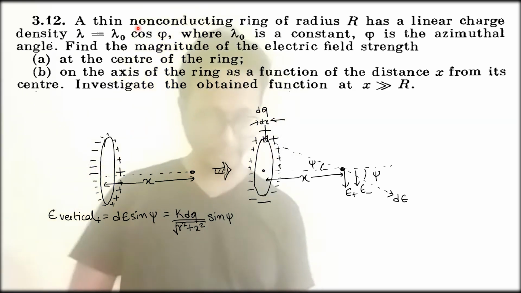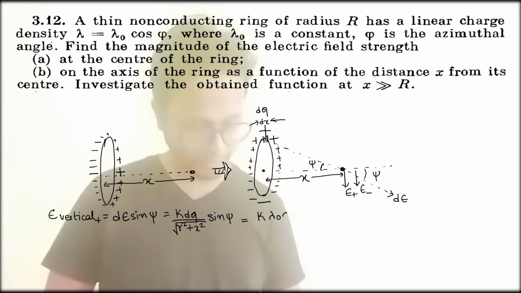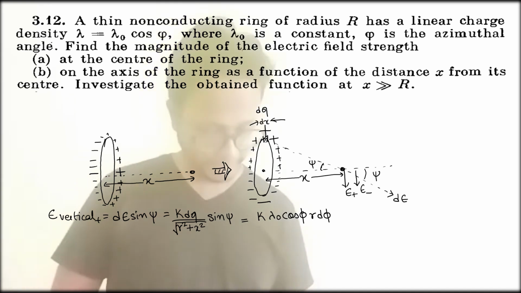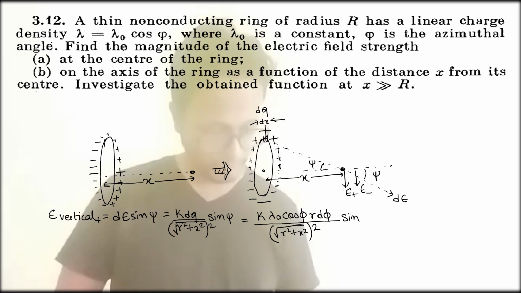The value of dq is nothing but lambda into dx. Lambda is nothing but lambda naught cos phi, and dx is nothing but r dφ, divided by under root of r square plus x square, whole square, into sin phi.